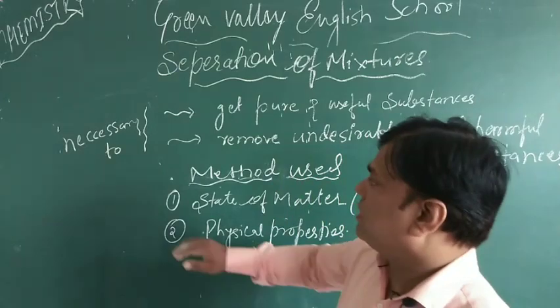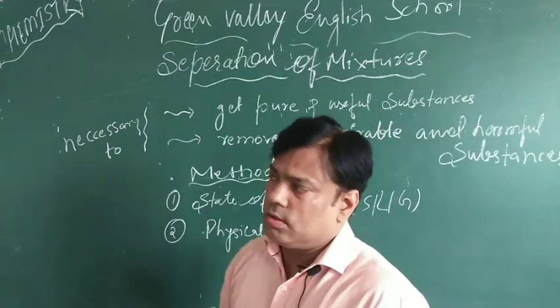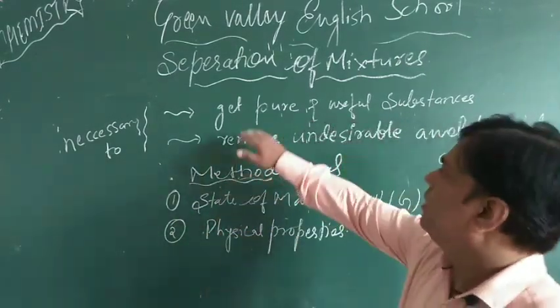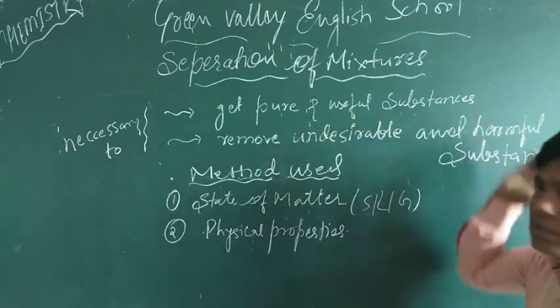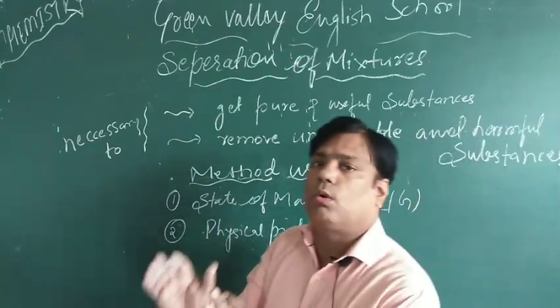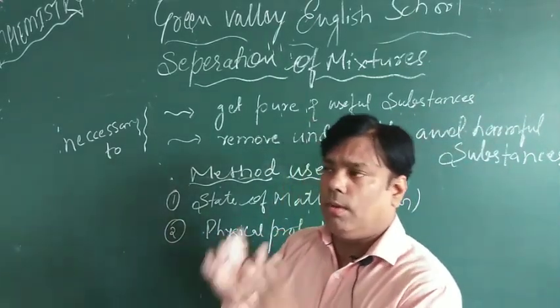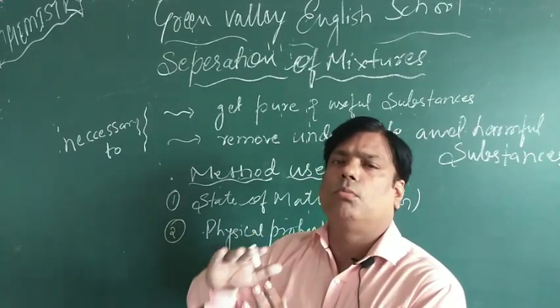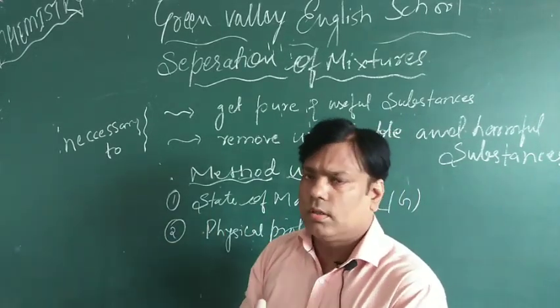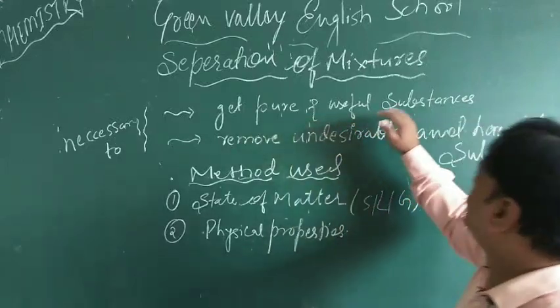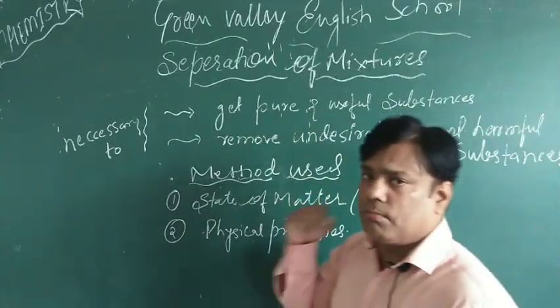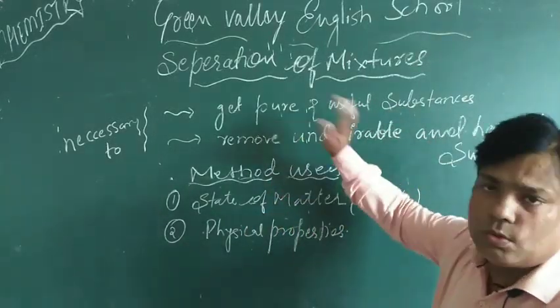So what is the necessity? Our necessity is to get pure and useful substances from that particular mixture. A mixture has more than two components, so to get pure and useful substances from them, we need to separate.